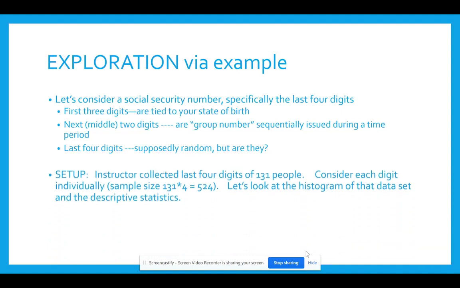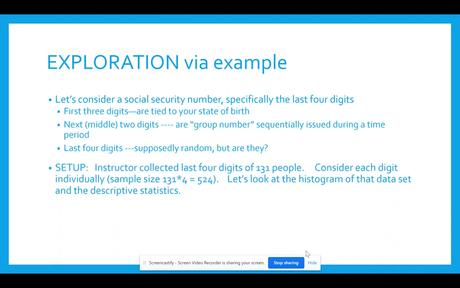So here's the setup. The question is, are the last 4 digits of your Social Security number truly random? Years ago, before we went to using student ID numbers, I had access to Social Security numbers. I determined the last 4 digits for the students that I was teaching at that time.